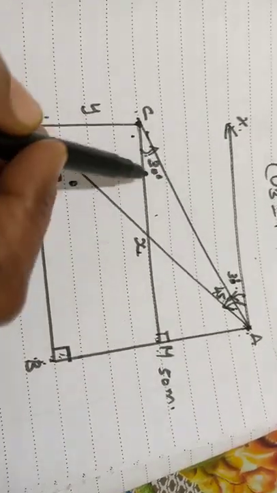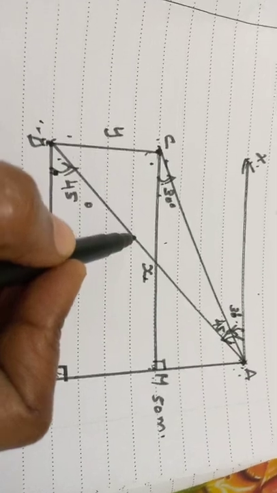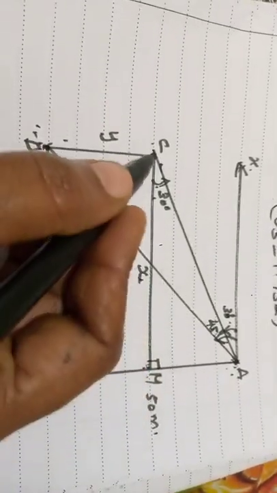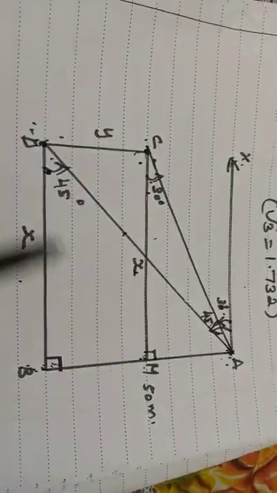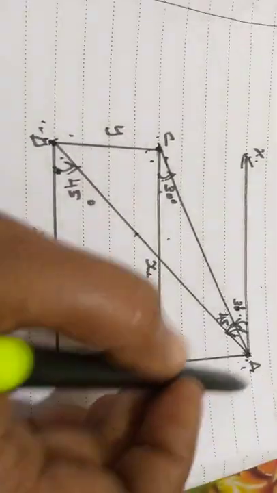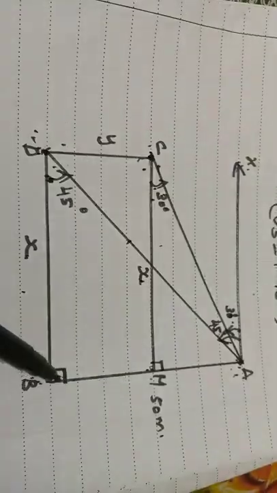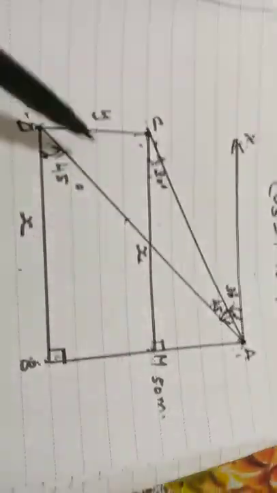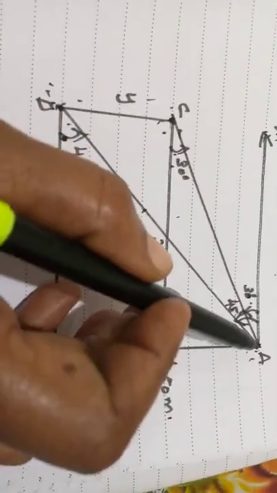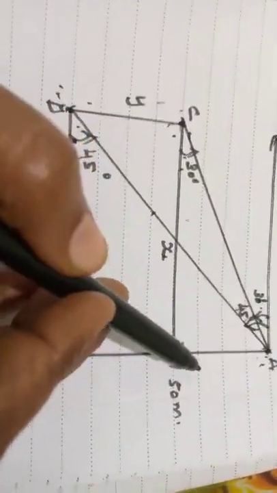What is tan 30 here? AM by CM, CM value we have. To find this CD, we need this AM. If we have the total value and AM, we can subtract and get the CD value. So first, using right triangle AMC, we are going to find the value of AM.